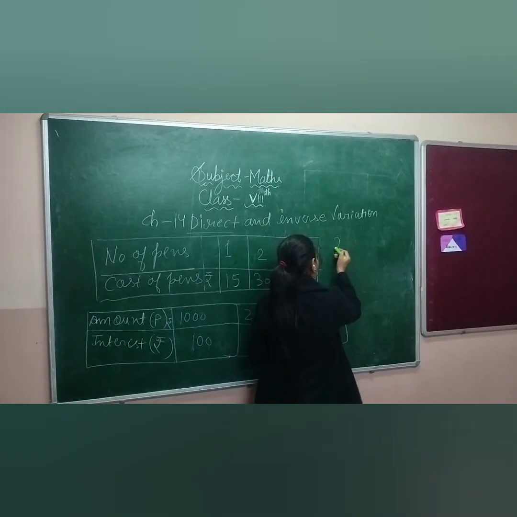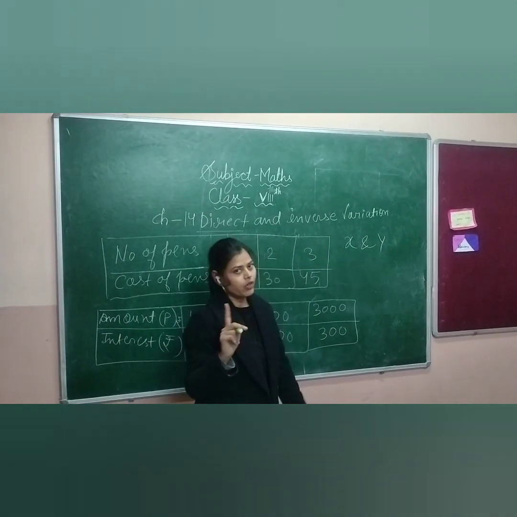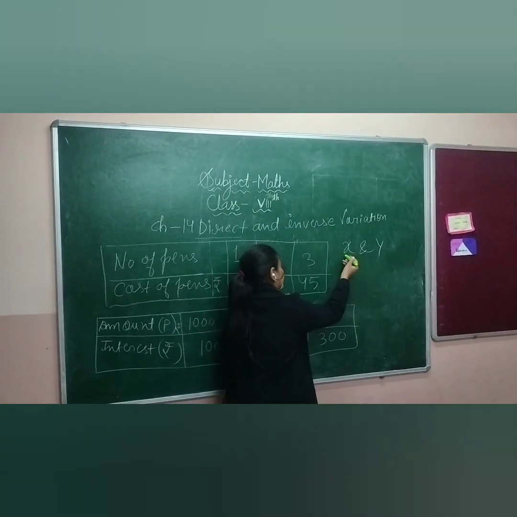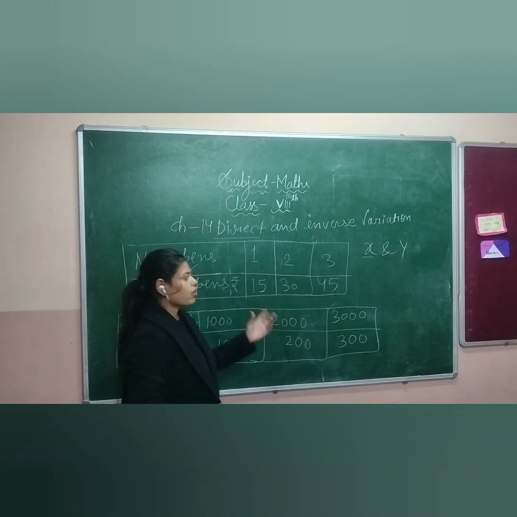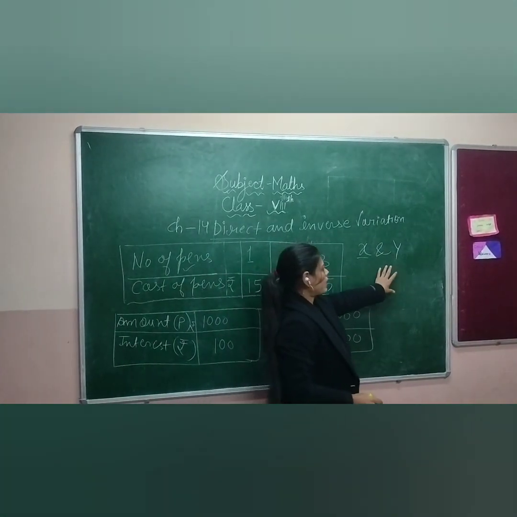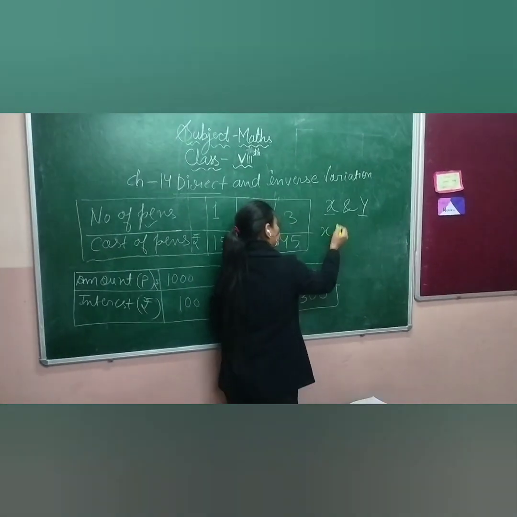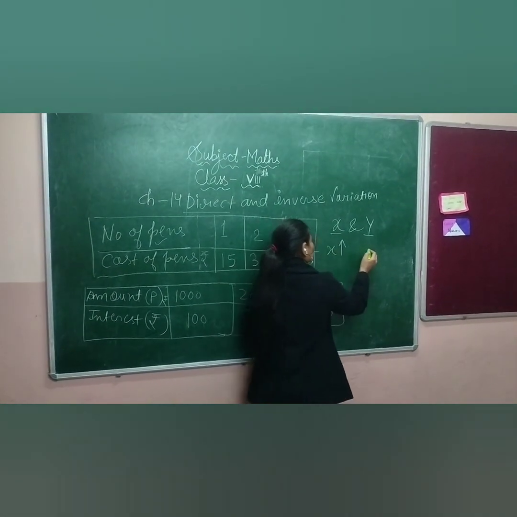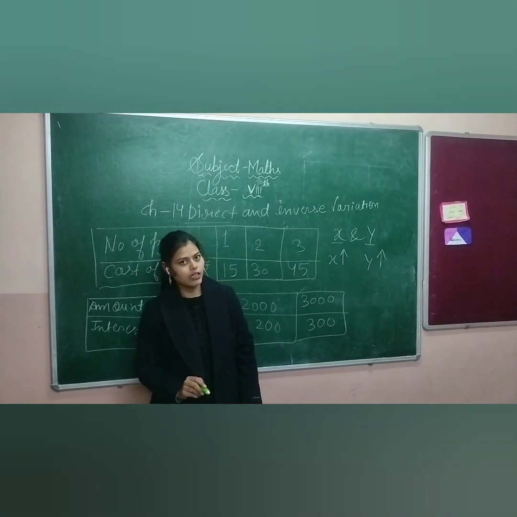Suppose x and y are my two variables. One is the number of pens as x, and the cost of the pens is y, right? So when x increases, what happens? y will also increase.